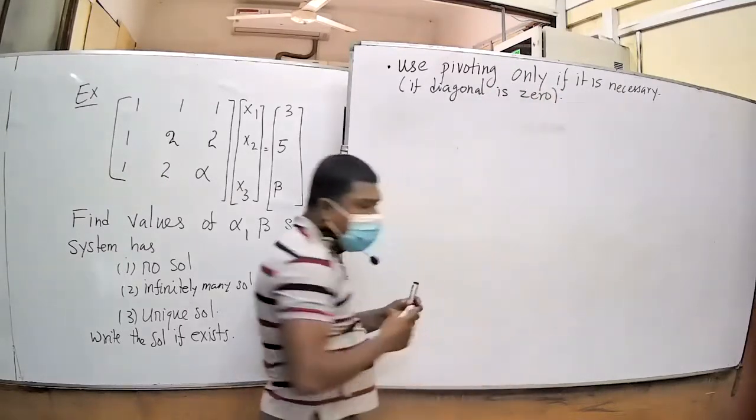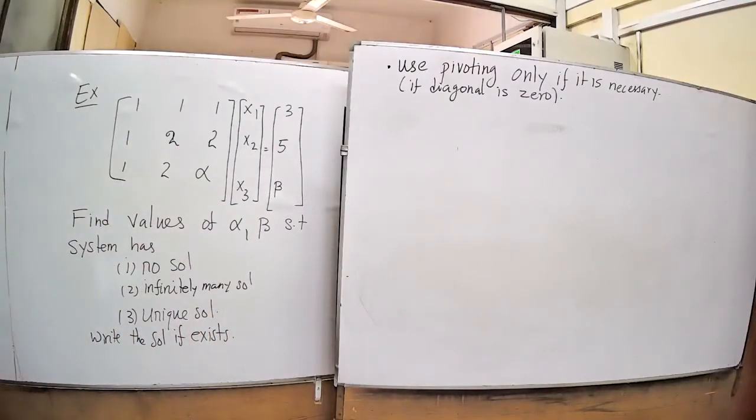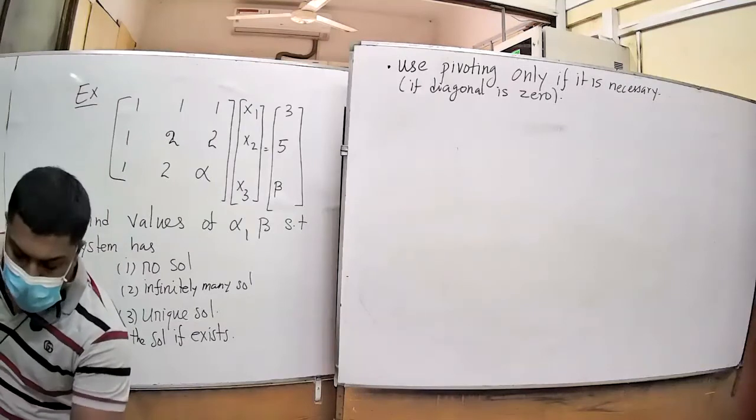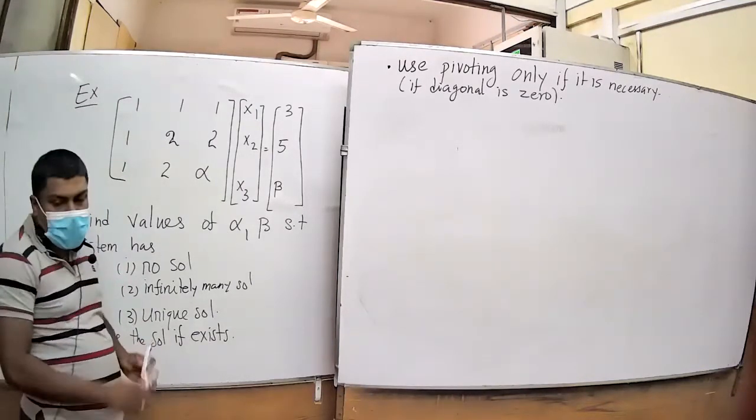This is the only place you may need to use pivoting. Otherwise, you can just use the normal Gaussian elimination without any problem.